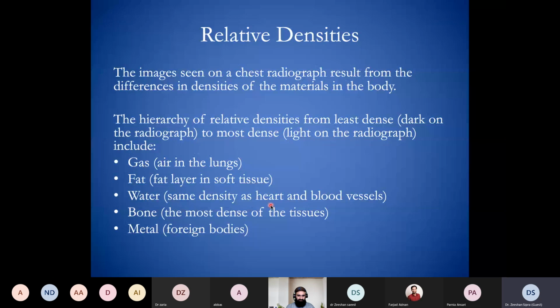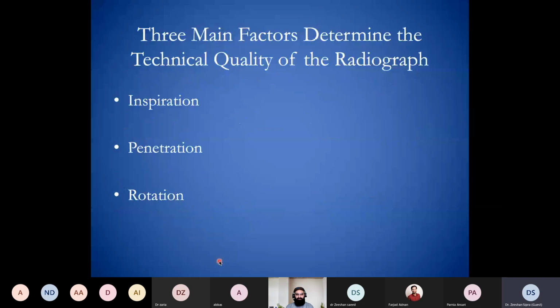Water has intermediate density. It should not be as white as bone, but not as black as air. So these are gradually increasing densities: gas, fat, water, bone, and metal. The most dense material is metal, then the bone.